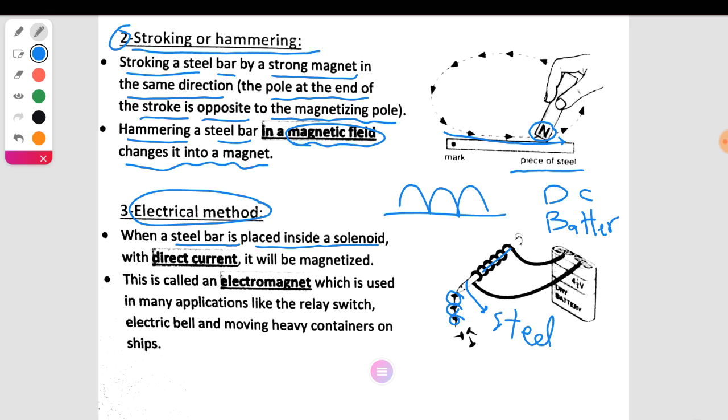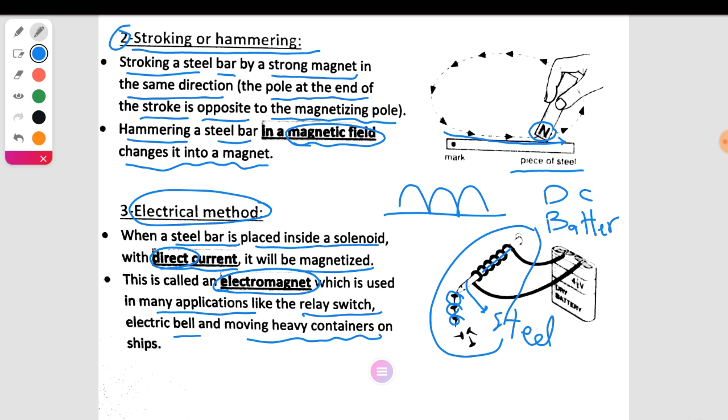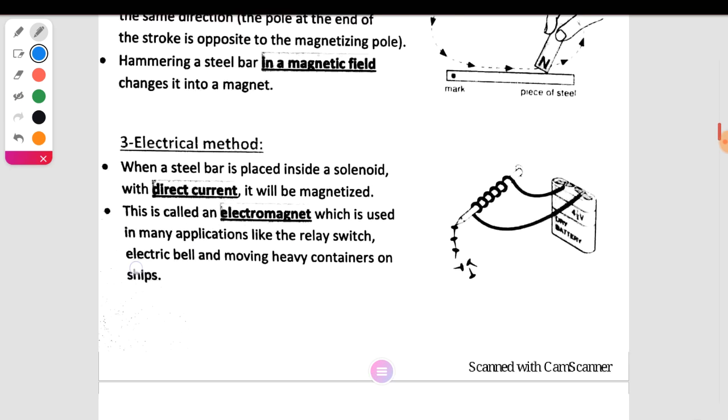This is direct current; direct current will magnetize. This apparatus is called an electromagnet, which is used in many applications like relay switches, electric bells, and moving heavy containers on ships. This is the third method, the electric method or electromagnet.